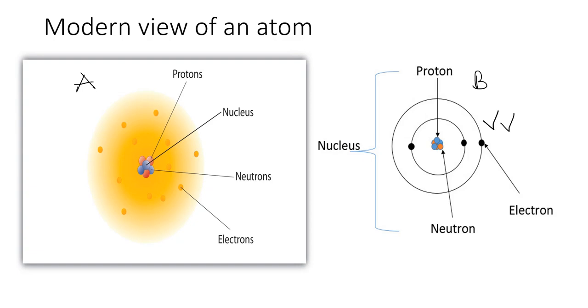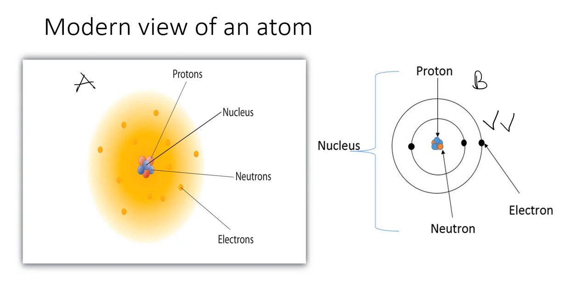But we usually use diagram B because it is simple and we can easily follow where the electrons are. Although in actual sense, you don't know exactly where the electrons are in an atom. So really, when you look in your book, and later on in this class, we'll be focusing on an atom using diagram B.